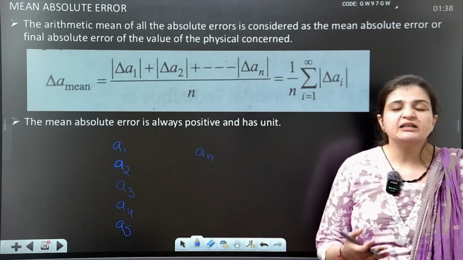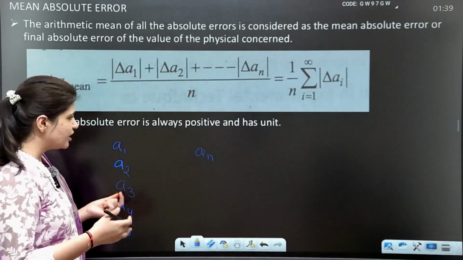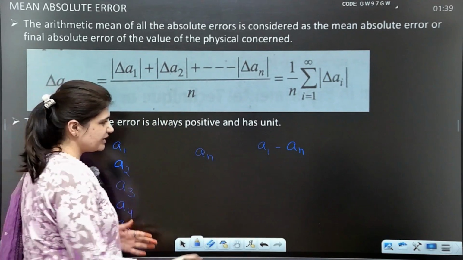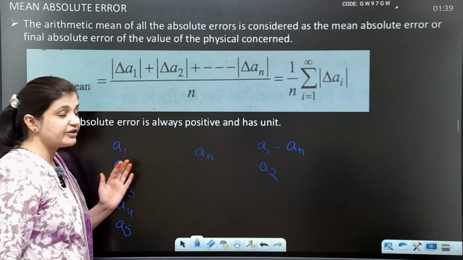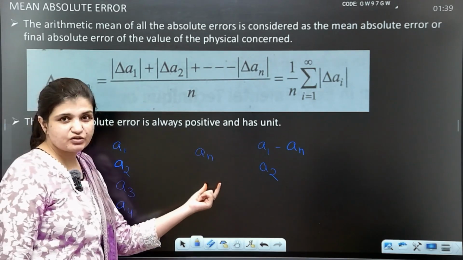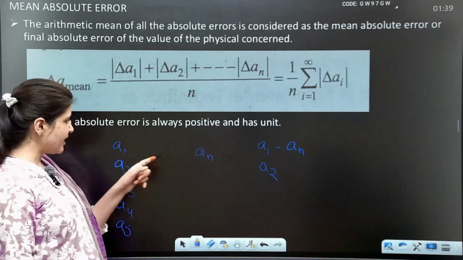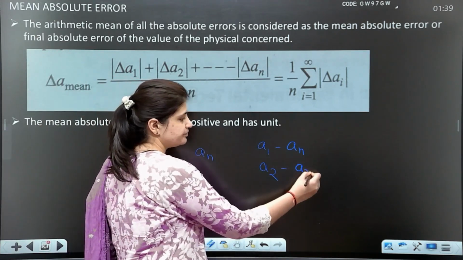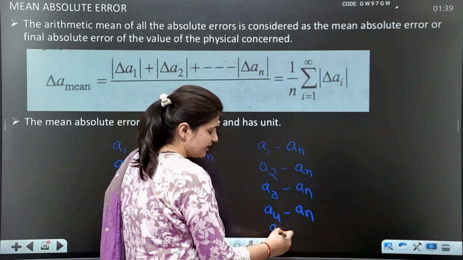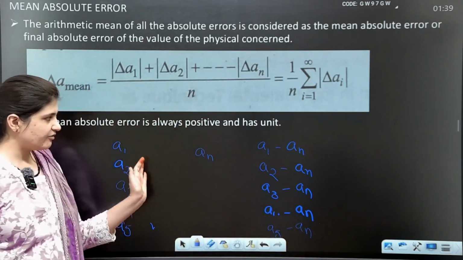Now we have to find the average of the error, that is, how the actual values differ from the true value. So A1 minus AN, then A2 minus AN, then A3 minus AN, A4 minus AN, and then A5 minus AN.